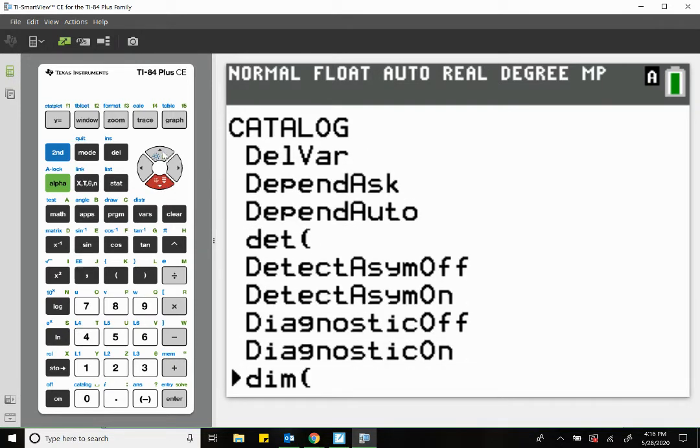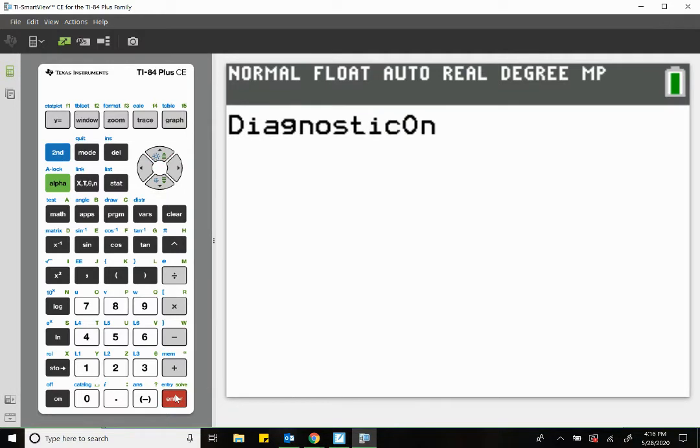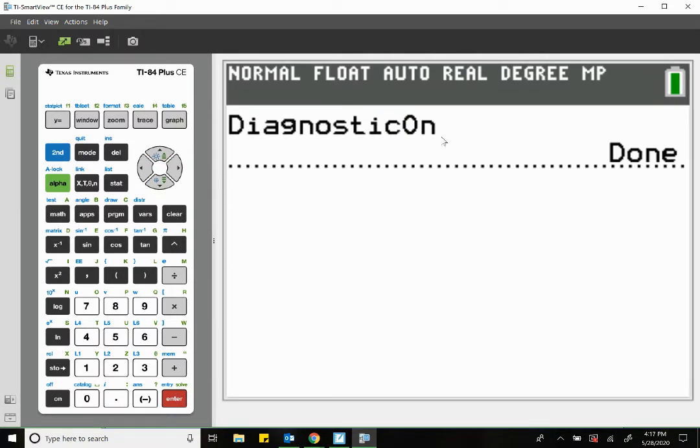There we go. It's called diagnostic, and you need to turn it on. I do this every time I turn on my calculator if I'm doing statistics. Second, 0, scroll down to diagnostic on, hit enter, and it's ready to go. You got to make sure that your diagnostics are turned on.